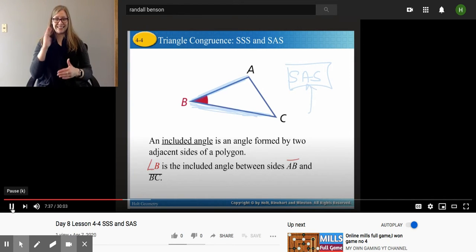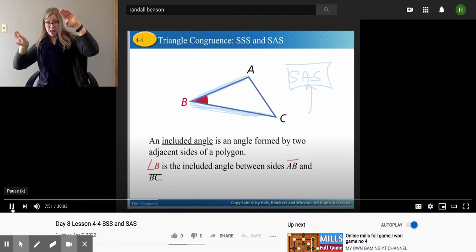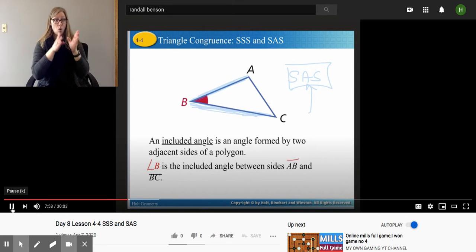Notice that when we write side angle side, that A comes between the two S's. And so it's really important that when you're using side angle side, you have a side, the included angle, and the adjacent side. So order is really important when you're using that.